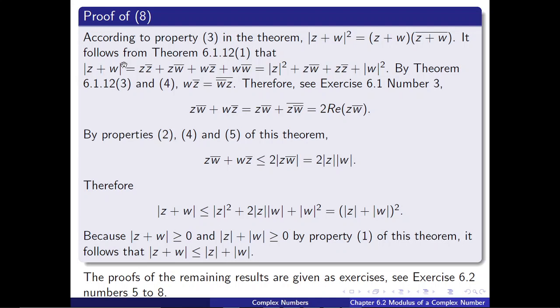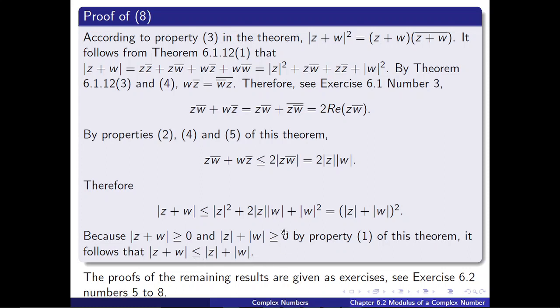So note that this is supposed to be squared there, and this is supposed to be squared there. So that then concludes our proof for the triangle inequality.